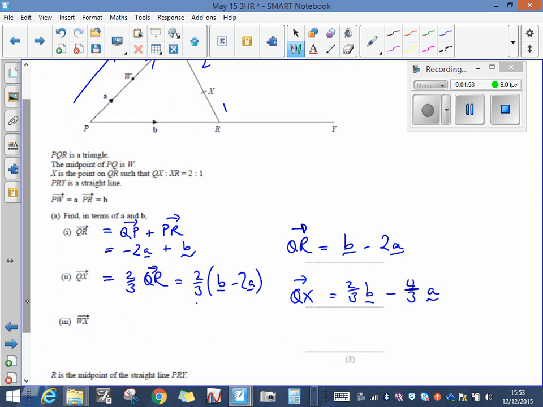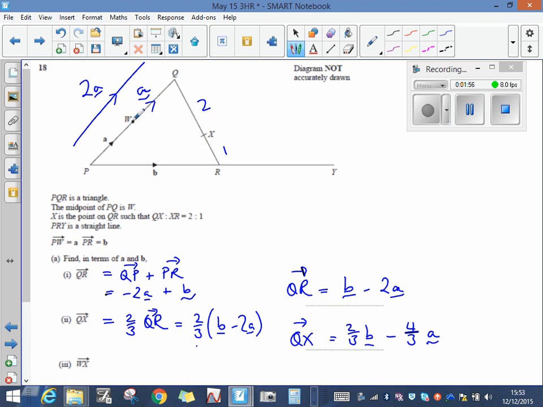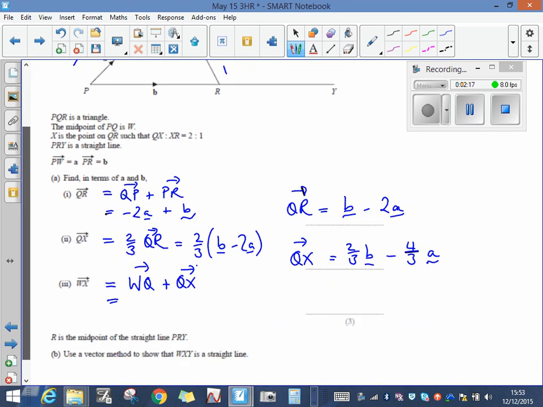I'm now asked to find WX. Okay, so here's W and here's X. Well, it makes sense if I'm going to find WX, I'm going to use QX. So for WX, I'm going to do WQ plus QX because I've just found QX. Right, WQ I can see is just A. So it's A plus 2/3 B minus 4/3 A. And I put the A's together.